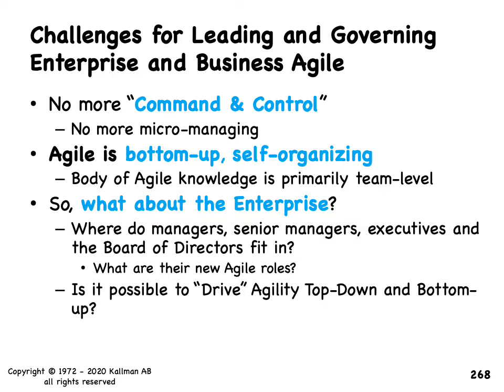If you talk to the purists, Agile is a bottom-up, self-organizing methodology that is primarily team-level. It's even in the Scrum guide; in one of the earlier versions, it said Scrum is optimized for teams of 5 to 7 people, or 7 people plus or minus 2, so like 5 to 9 people.